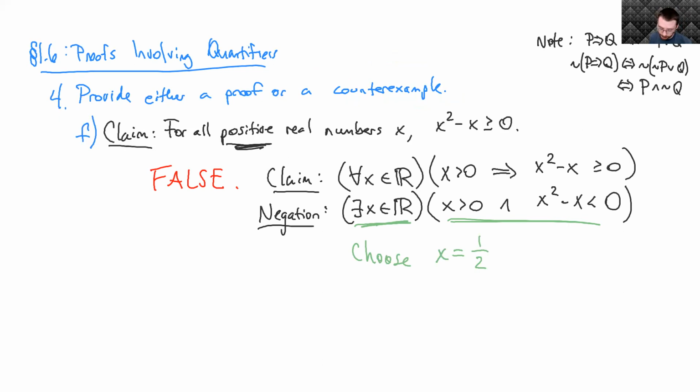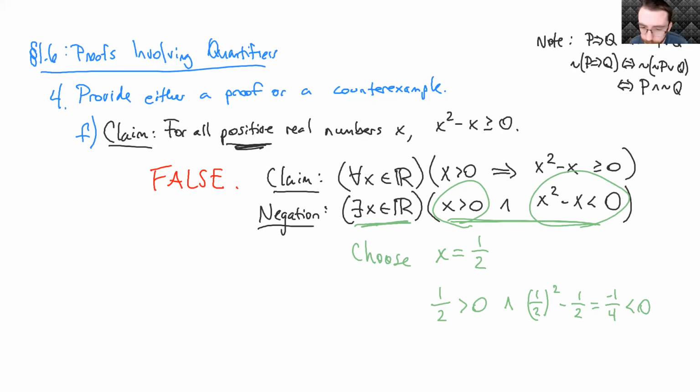Because if x equals 1/2, then 1/2 is definitely greater than 0, so that checks out. And 1/2 squared minus 1/2, well, that's a quarter minus a half, which is negative a quarter, which is less than 0. So that checks out as well.